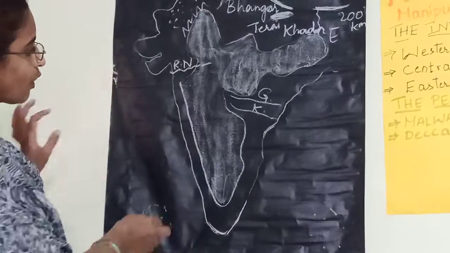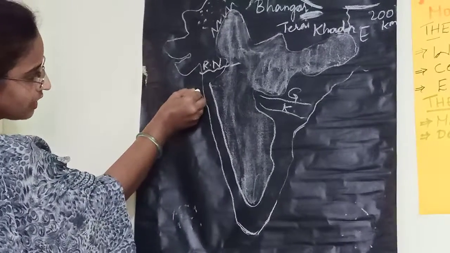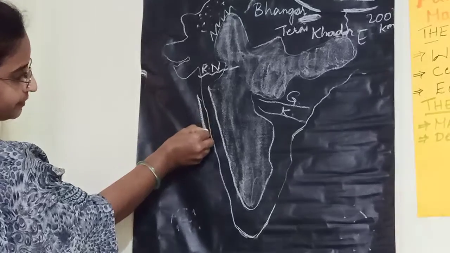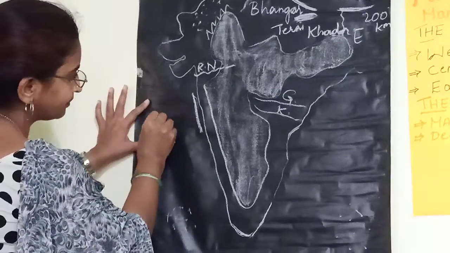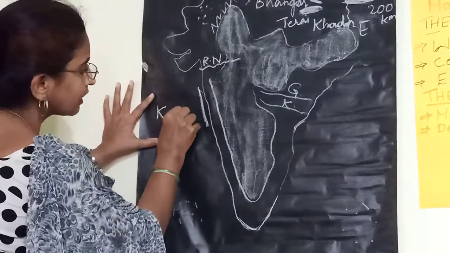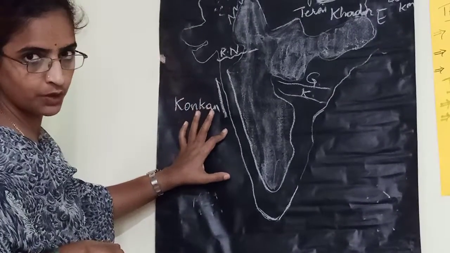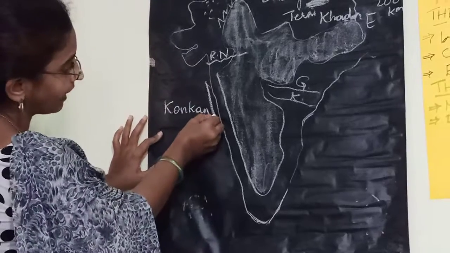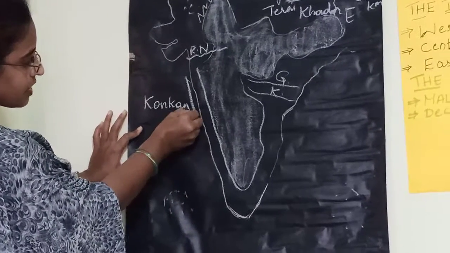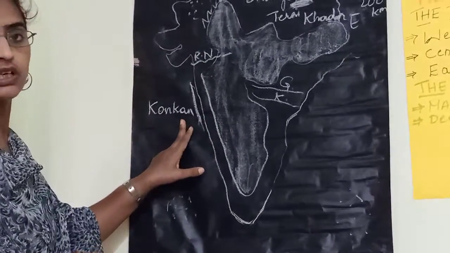The coastal plain along the coast of Maharashtra and Goa is called the Konkan coast.